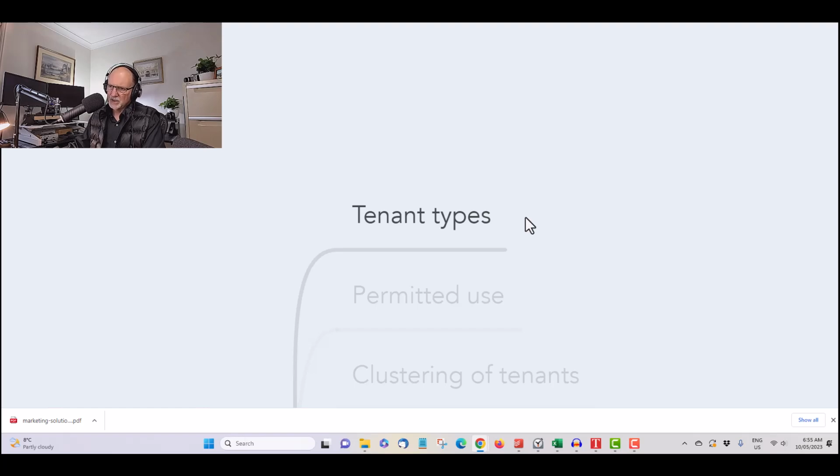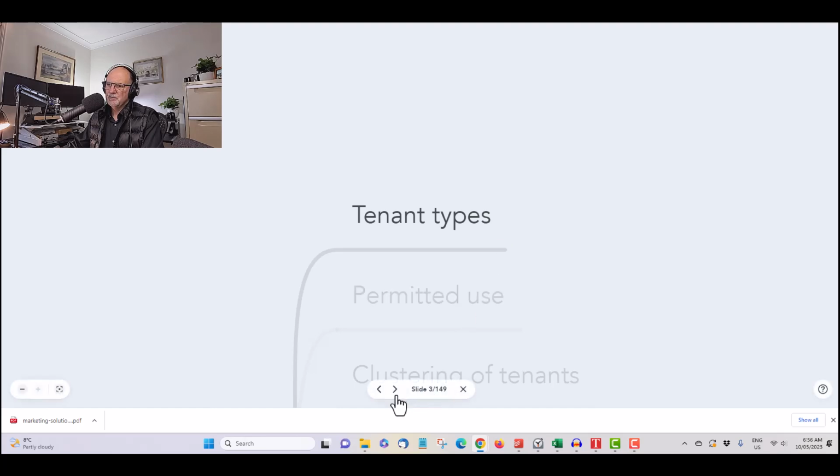I have a master list that I use when it comes to tenant analysis, and I do break them down into anchor tenants, food tenants, fashion related, service related, and I go into many other categories within each of those to understand what's going on in the tenancy mix. So I start there. Who are the tenants? I would check the tenancy schedule, by the way, as part of that. Who are they? What's the tenancy service they provide to their customers? And are they the right tenants for the property?